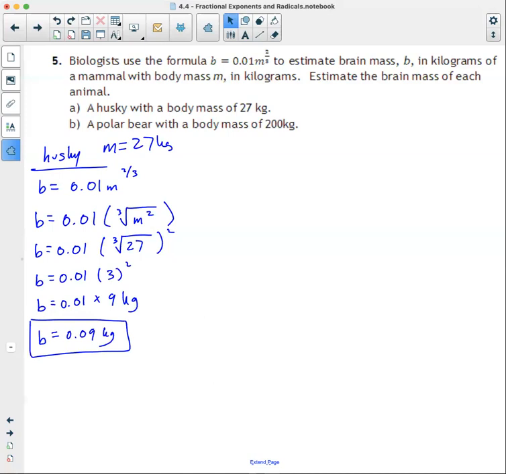Okay, for the polar bear, feel free to use a calculator for this one. Our mass is 200 kilos. We can see if we get the same answer. So B is equal to 0.01 m to the 2/3. Okay, same formula. We're still squaring the cube root of m. And m for my polar bear is 200.